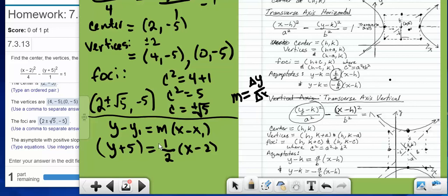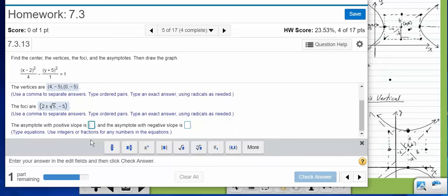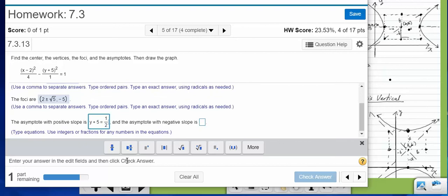And then it's plus minus for the slope, so you have two of them. Now, do they want us to put it in slope-intercept form, or just leave it that way? Usually I just leave it that way. So it'll be y plus 5 equals 1/2 parenthesis x minus 2.